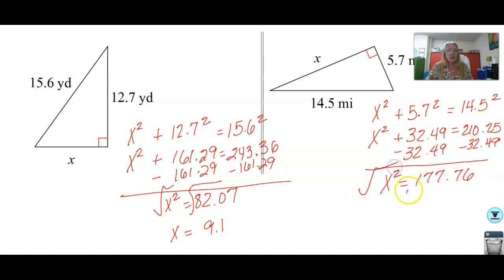Take the square root of both sides. And I have that x is equal to 13.33. Well, that's just going to be 13. Okay? It doesn't round up. Another 3 will not make that round up.